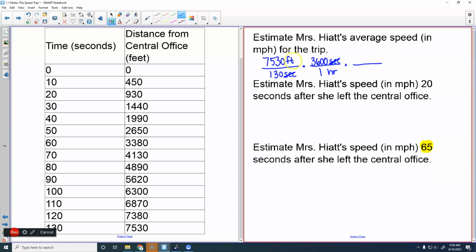So feet are on the top of this fraction, meaning we need to put feet on the bottom here, and we want to change it to miles, so we'll put miles on top. How many feet are in a mile? Good. 5,280 feet are in 1 mile.